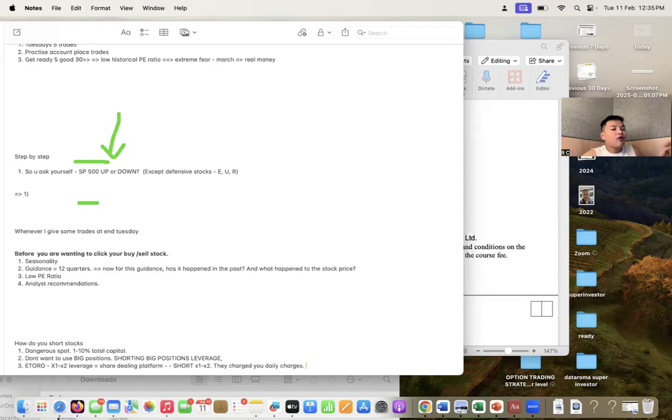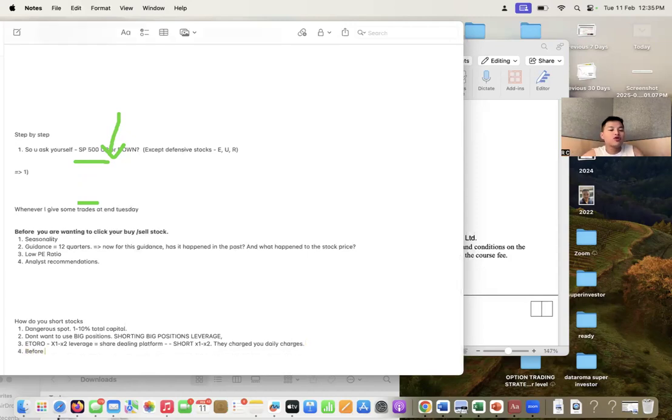Before you get into shorting stock, you want to make sure your, I will call it, 4-step $1 million strategy is really nailing it. That means you have to do it first.